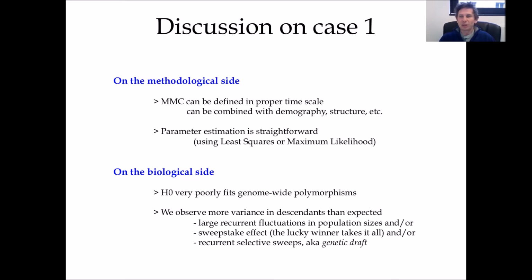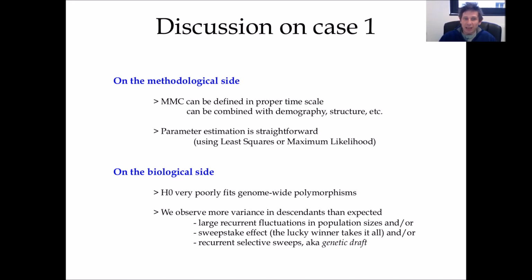And on the biological side, very importantly, the standard neutral model we've been using for 50 years does not explain genome-wide polymorphisms, even if we had demography, and even if we had structure. I did not present that today. But there is more variance in the descendants. So either there is a large recurrent fluctuation in population size, like crashes of populations all the time, possibly.